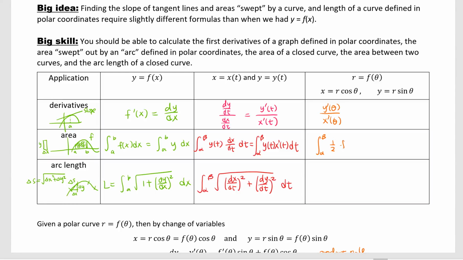So r squared, which is f of theta squared d theta. So far so good, everybody? Okay, so if you have another function, you just put parentheses and then you subtract g of theta squared. Okay? All right, let's continue.